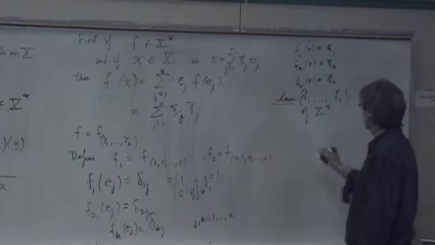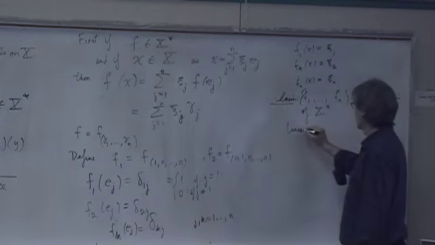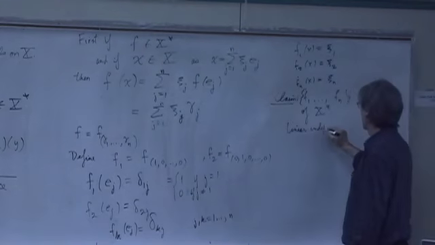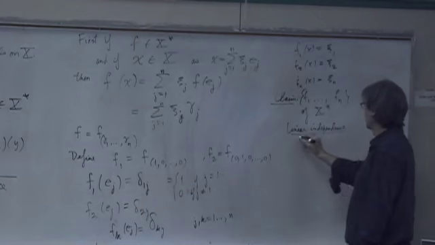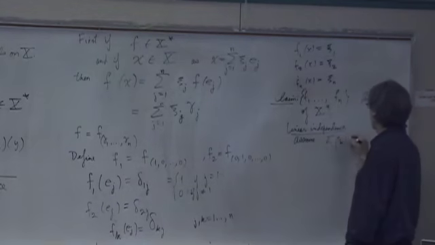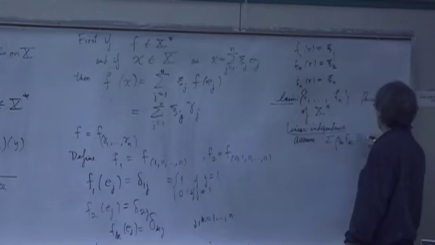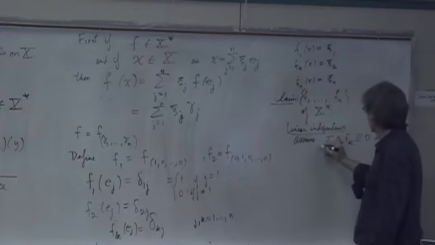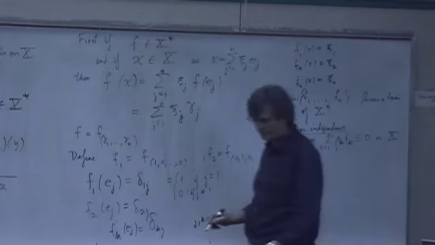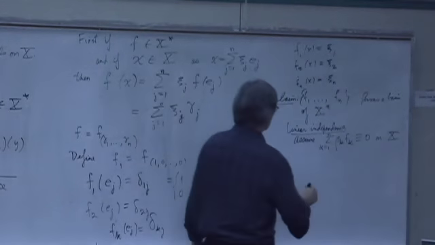First, linear independence. Assume summation beta k fk is identically 0 on x. All right, so that's the zero linear functional, k equals 1 to n.